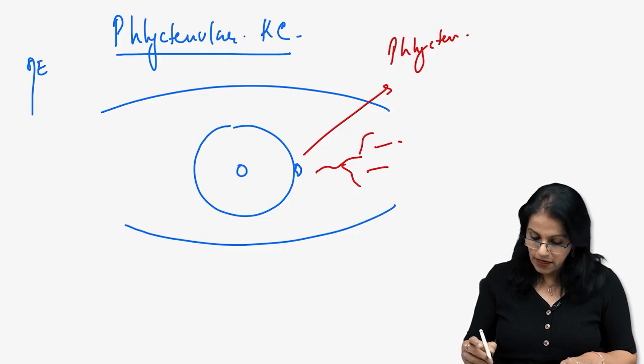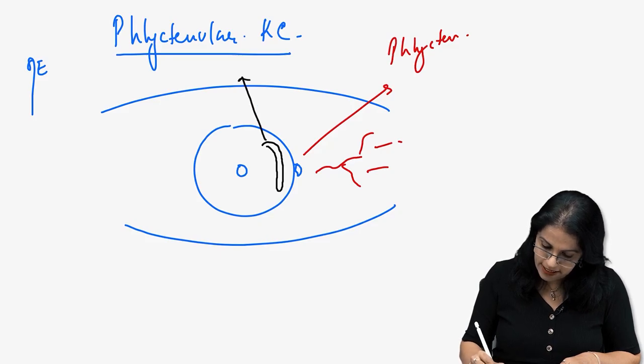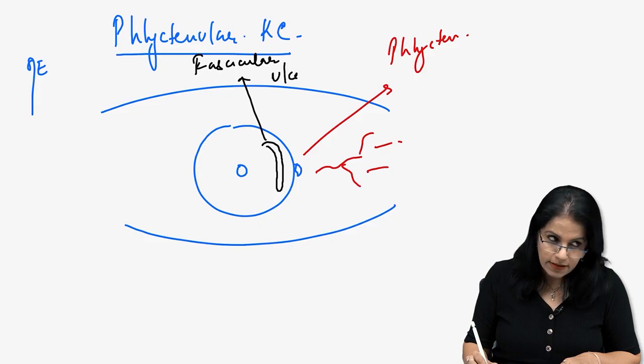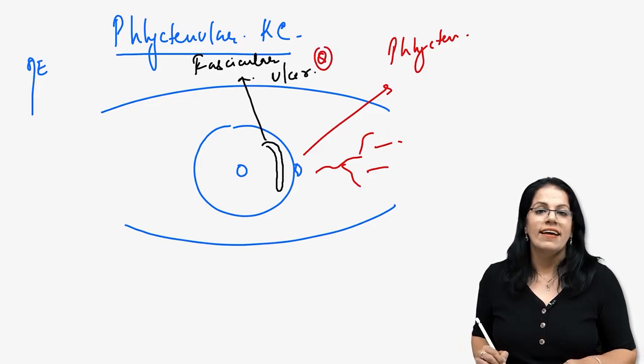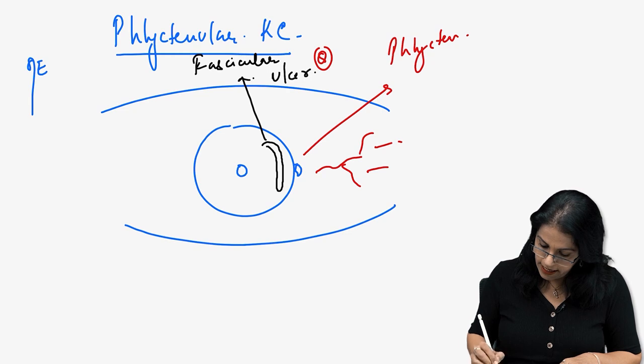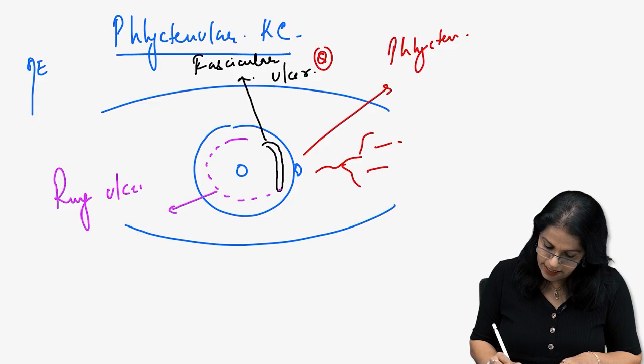And if it involves the cornea, this is the next exam question, this is going to lead to a fascicular ulcer. Make a Q here. And this fascicular ulcer can later extend as a ring ulcer.